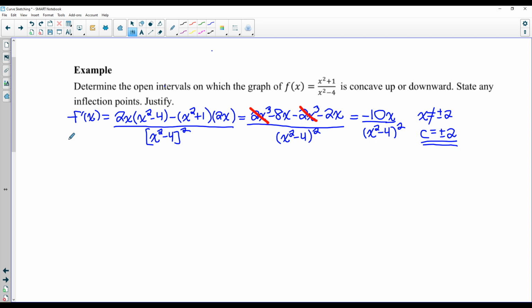And then the other way is you can also take the first derivative and set it equal to 0. So if we do that, this would then be equal to negative 10x, all divided by x squared minus 4, all squared. And again, to figure out the critical values for this is basically just set the numerator equal to 0.